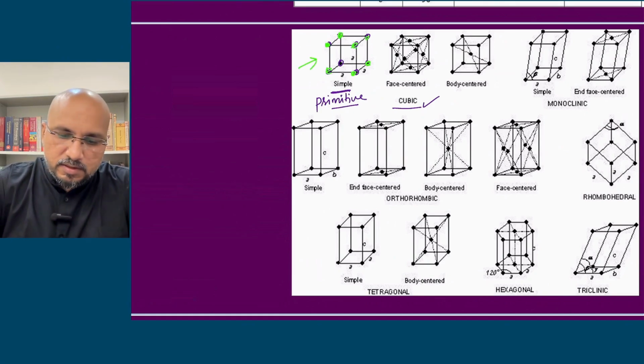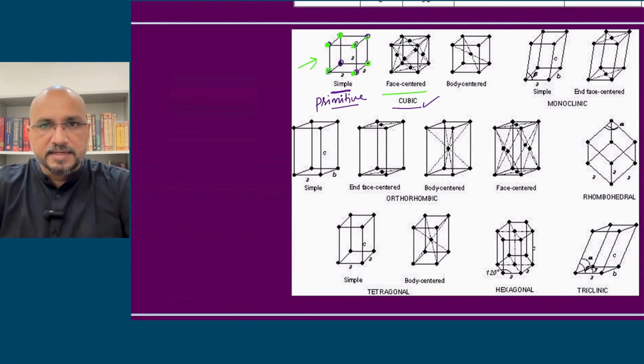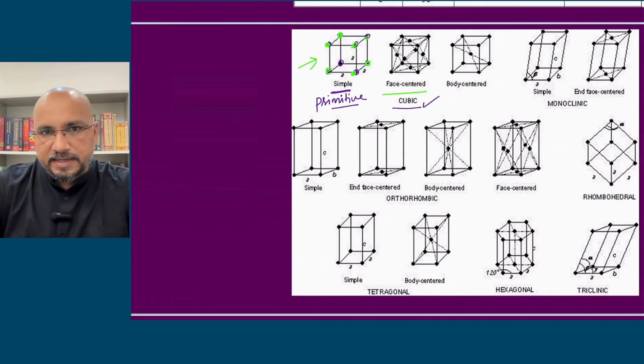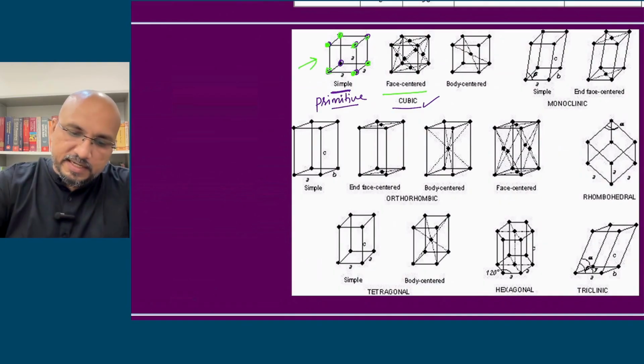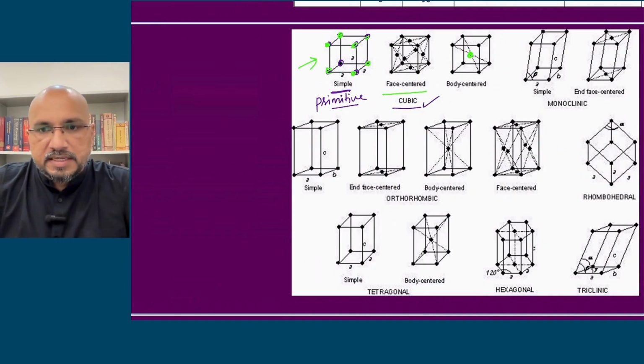In the case of face centered, along with the corners, an atom is also present at the center of the face. Here, along with the corners, an atom is present at the center of the body.